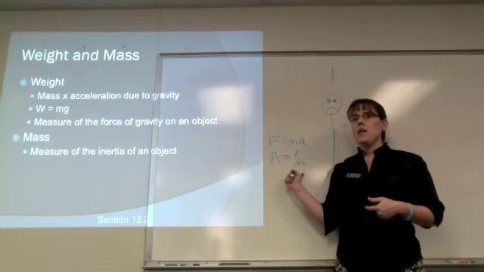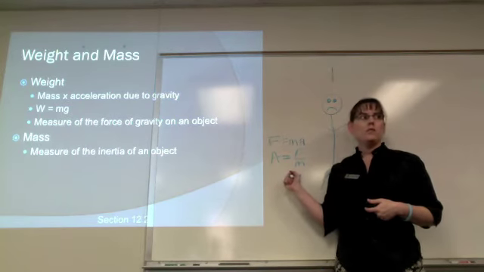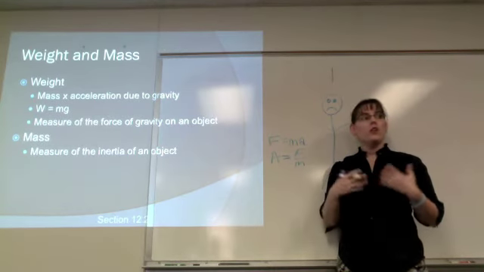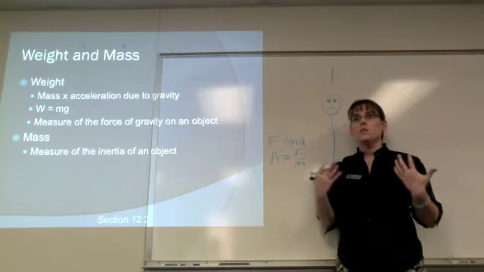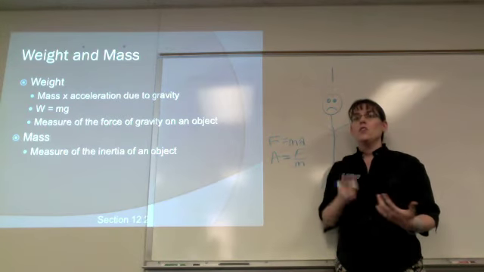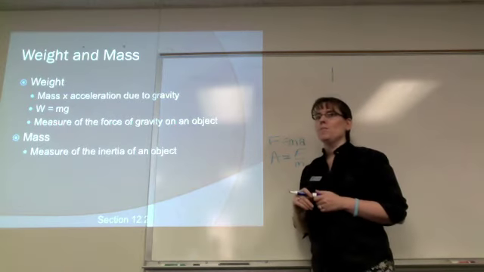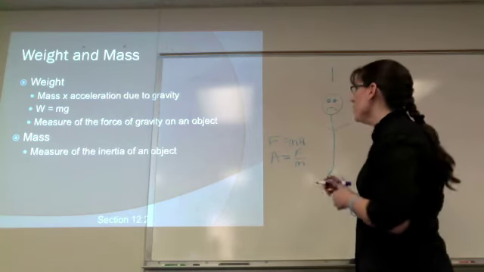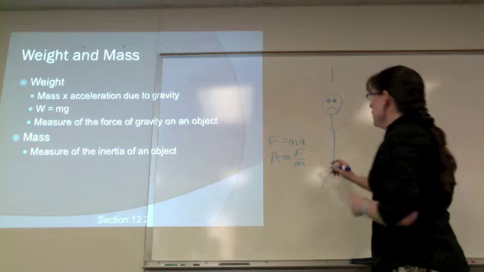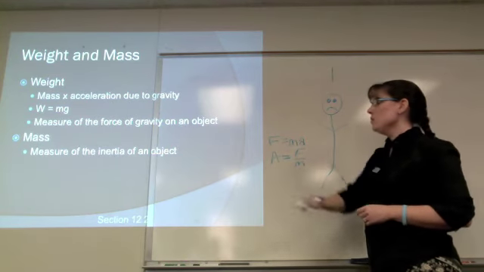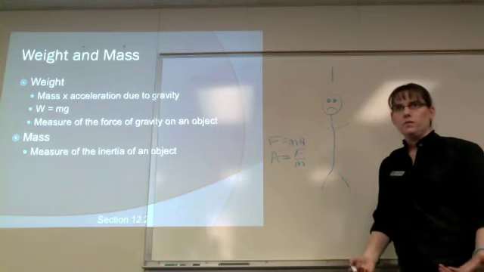Your mass will be the same. You always have the same amount of stuff. Your weight will be different. But why? Okay, now I will explain why. Notice there's not anything in here about gravity.